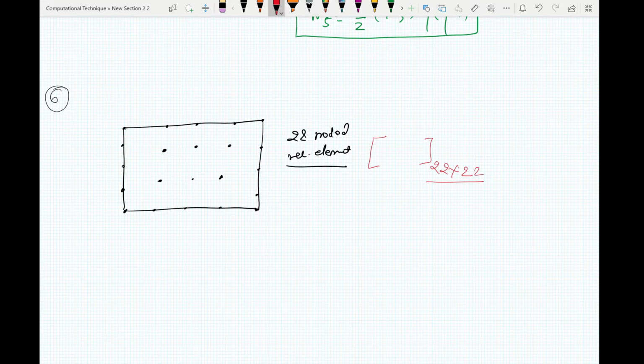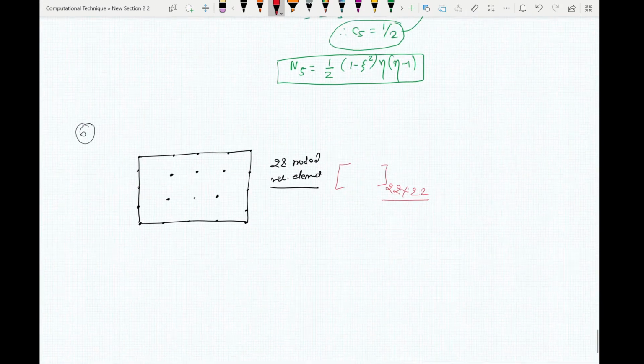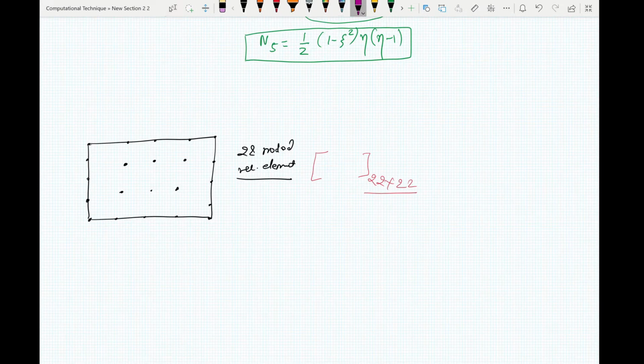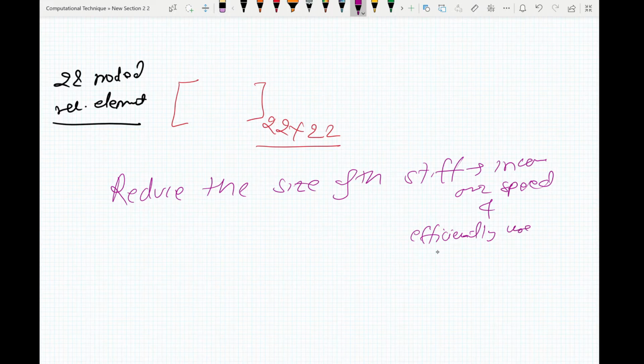Now the idea here is to reduce the size of the stiffness matrix so we can increase our speed and efficiently use the computational memory.